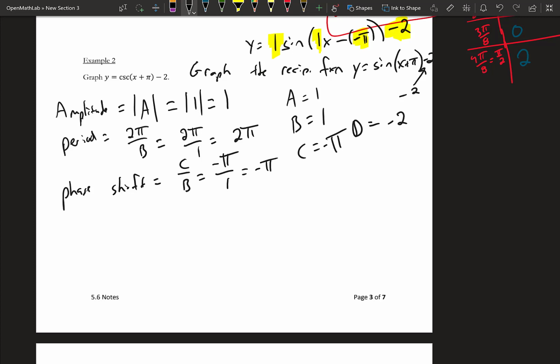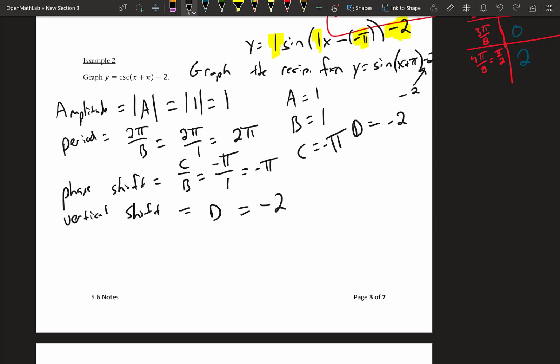So the phase shift is negative pi, so we're going to go negative pi units to the left. Then the next thing we should note is the vertical shift. That's equal to d, which would be negative 2 in this case.